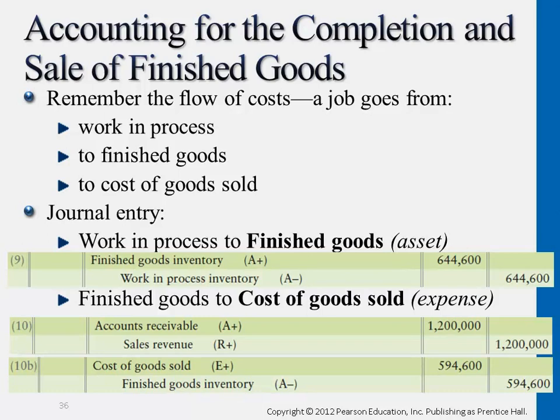So this portion here, of all the finished goods that we made, we sold out a portion of it, $594,600. We reduced this account from finished goods inventory, transferred to cost of goods sold. Meaning right now in our warehouse, we just have the portion of it left, the differences.